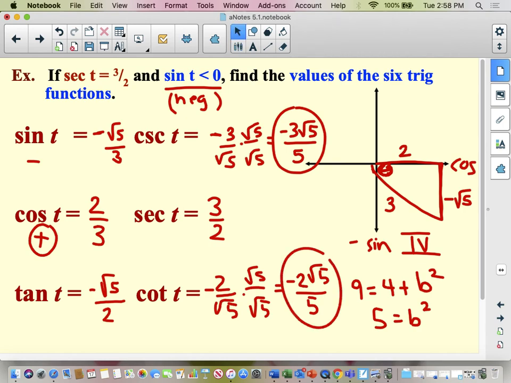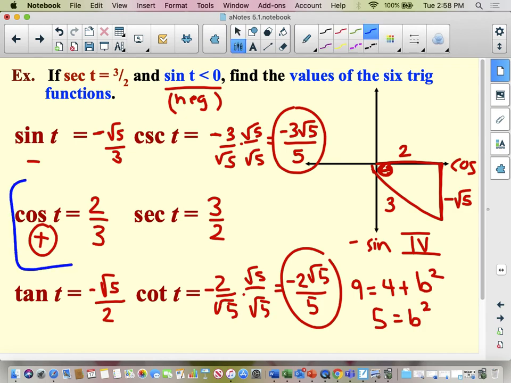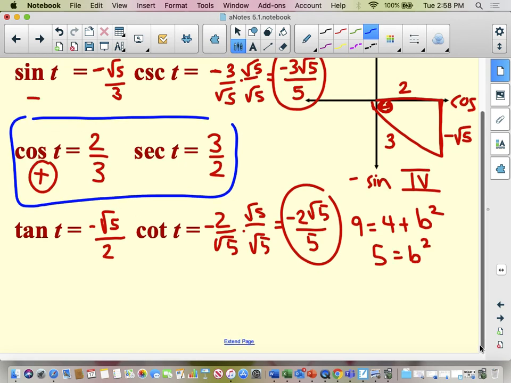Okay, option 2, which I'm not gonna fully do, but you can use the fact that your unit circle is x squared plus y squared equals 1. Originally all I knew was these two pieces. So if I know the cosine, I can find the sine, because cosine is x, and I'll just show you briefly this one side. X squared plus y squared equals 1.